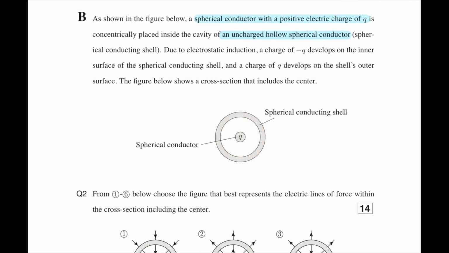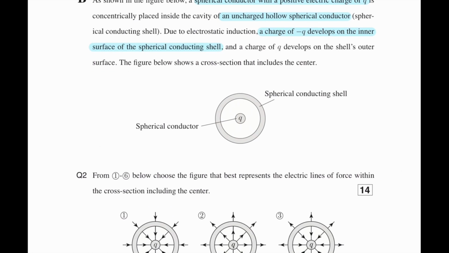Due to electrostatic induction, a charge negative Q develops on the inner surface of the spherical conducting shell. So negative Q is here, and then a charge plus Q develops on the shell's outer surface.